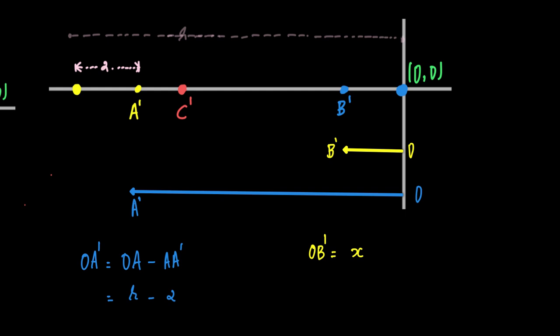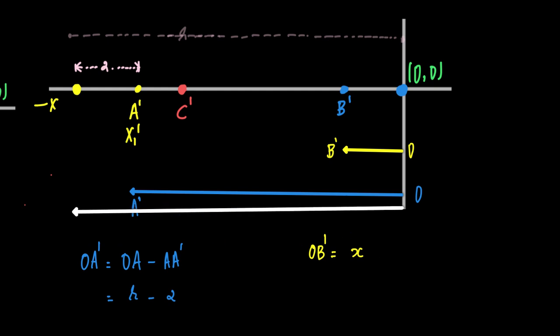So we have the y-axis, x-axis, negative x-axis, right? X coordinate of A dash, which is x1 dash, is actually the distance OA dash. OA dash is equal to OA minus AA dash. Let me just draw one more figure to explain you that.